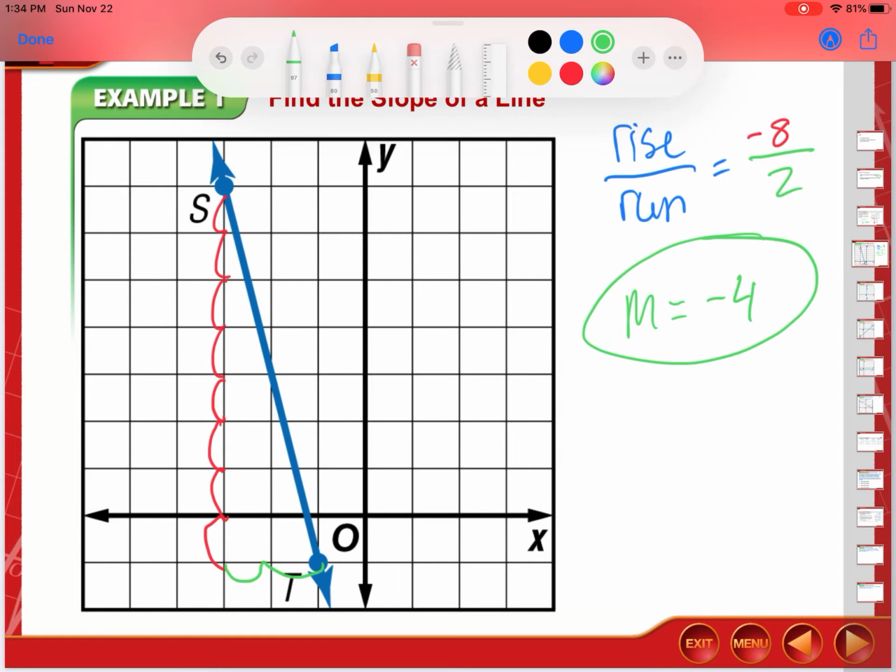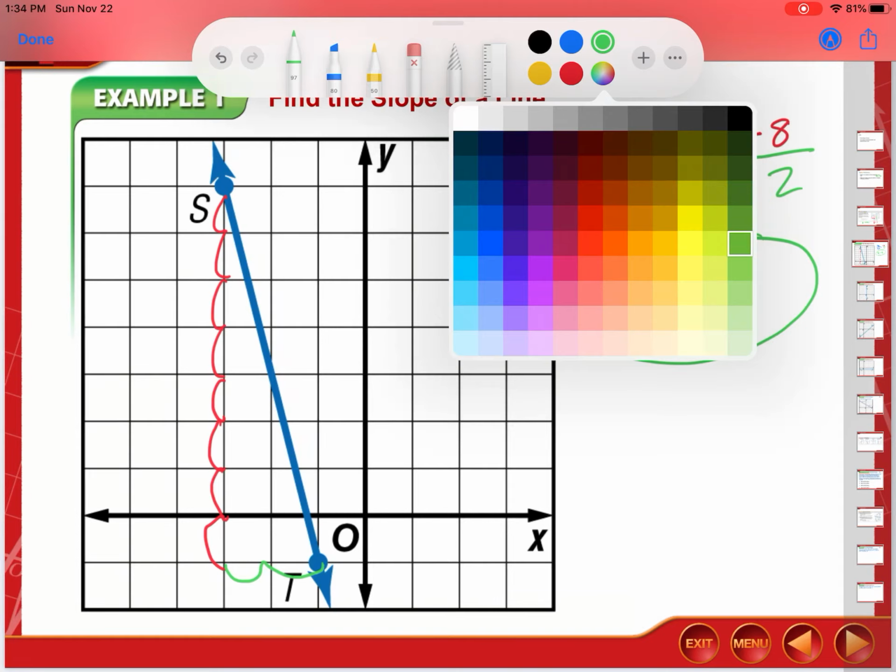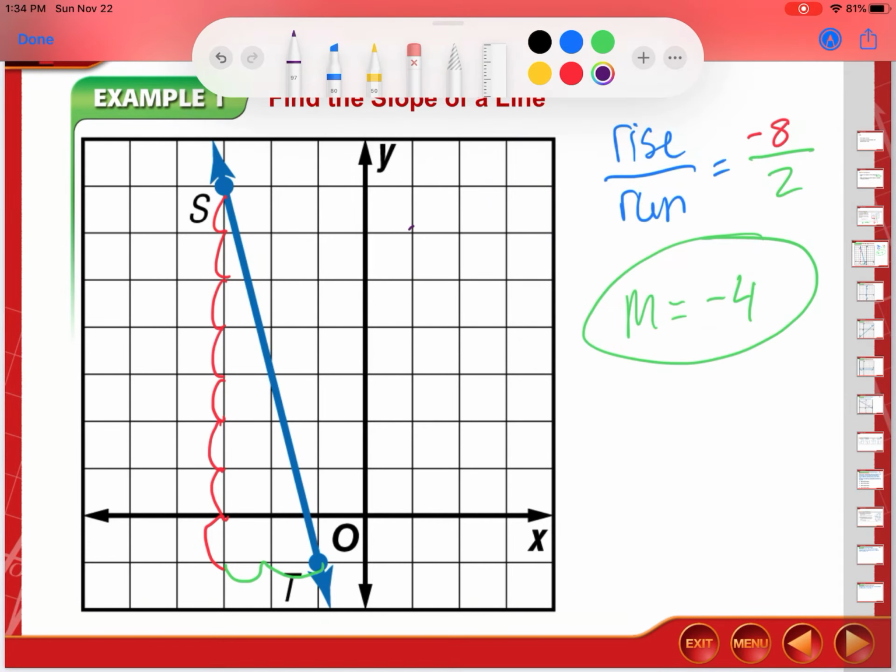The other way you can do this is you can actually write out our points. Point S is going to be -3, comma 7.